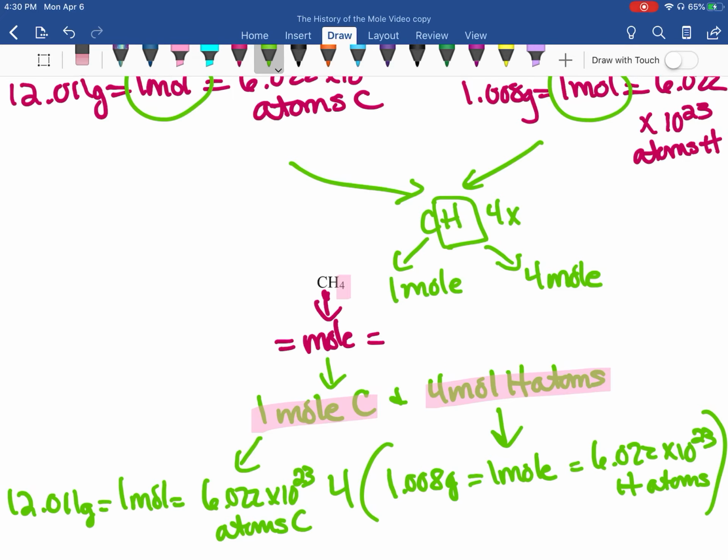So then if we want to go back up here and fill in for our methane, 1 mole of methane, how much is that going to weigh? It's going to weigh 12 plus 4 times our 1.008. Let's do that on your calculator. 12.011 plus 4 times 1.008, and I am getting 16.033 grams for that mole.